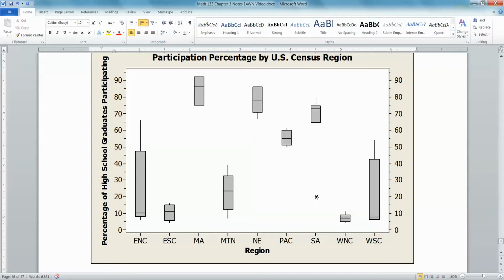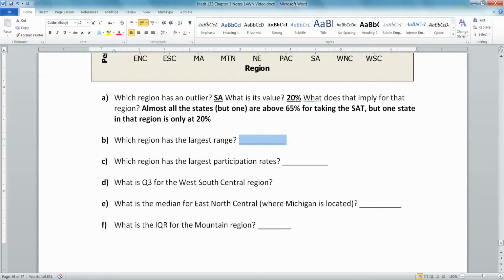Excuse me, 60. I'm being possessed. So ENC is 60, and SA is 60. They're both about 60. So the two of them both count for the largest range. There we go. All right, so ENC and SA.